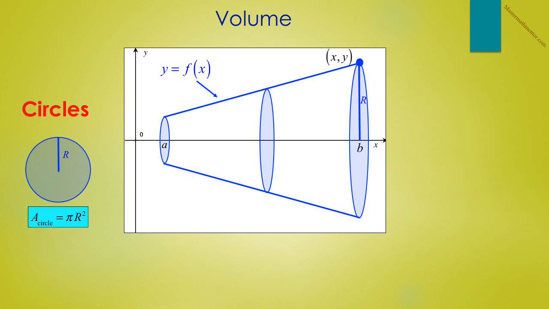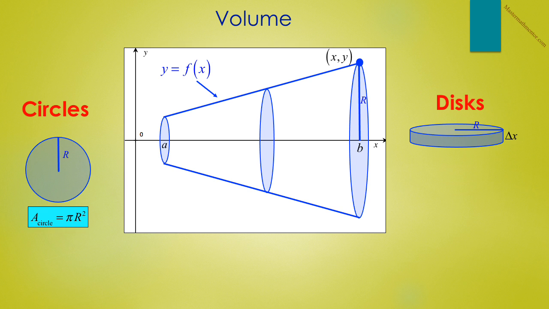We know that the area of a circle is pi r squared. In this case, the r is the distance from the x-axis up to the point y equals f of x. However, the slice is not really a circle because there is a certain amount of depth to it.